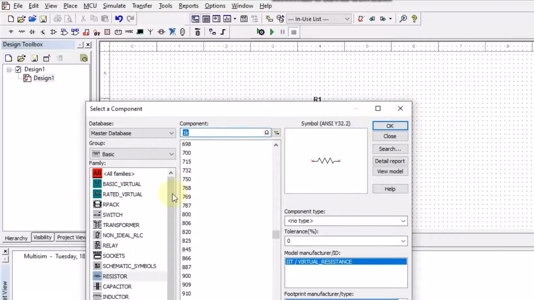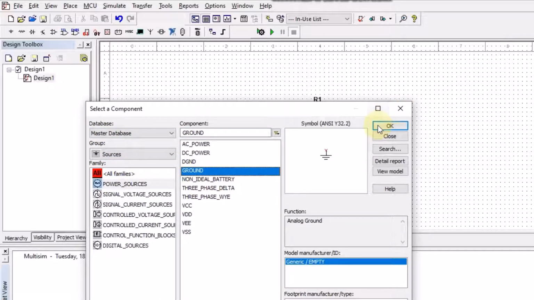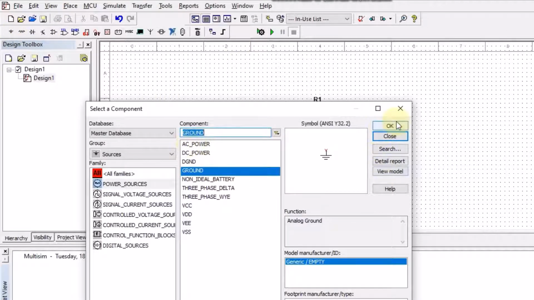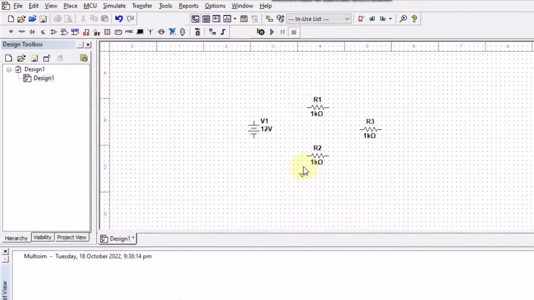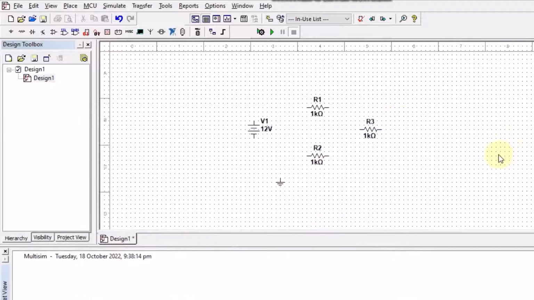After it let me put the ground here as well. So this is the ground, and now closing it.